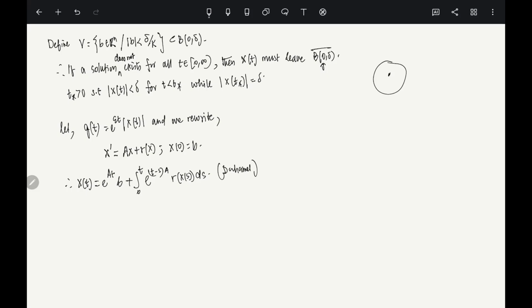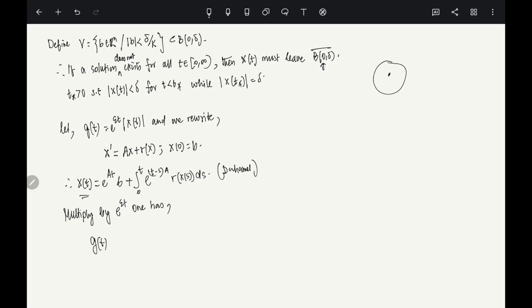Okay, so now we multiply this equation by e power epsilon t, one has g of t.